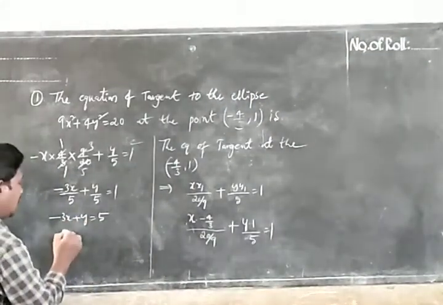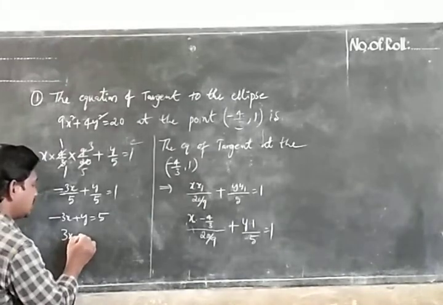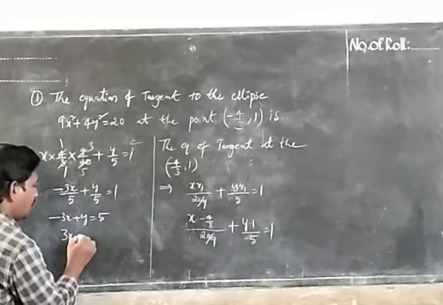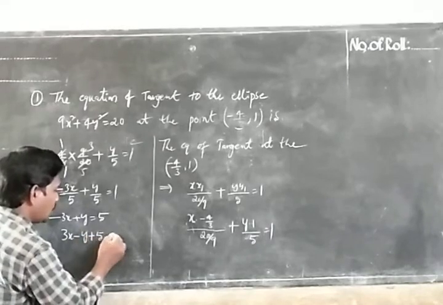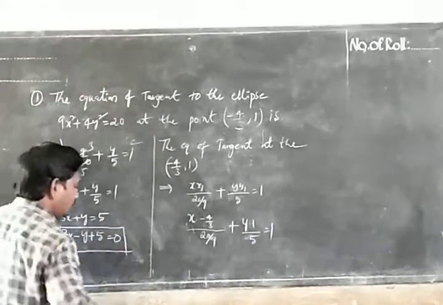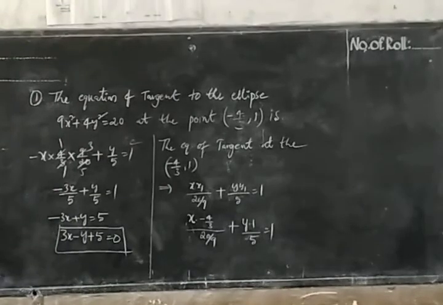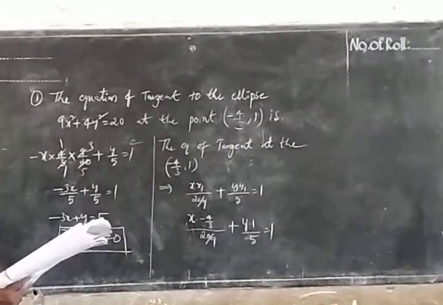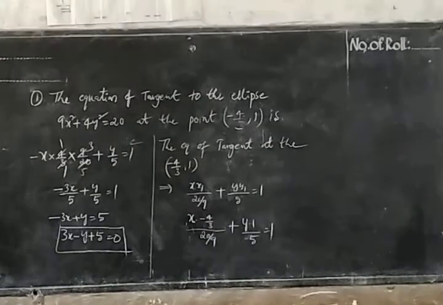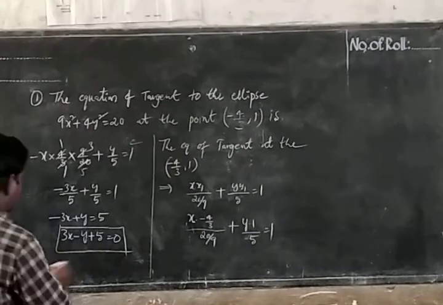Then 3x minus y plus 5 equal to 0. Which option is this? 3x minus y plus 5, the third option. This is the equation of the tangent.